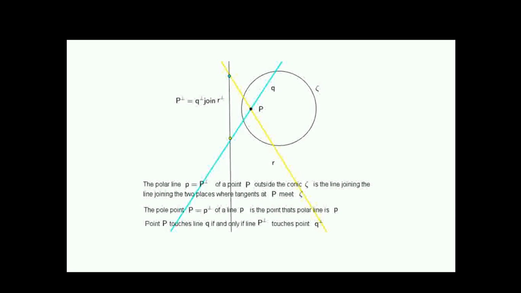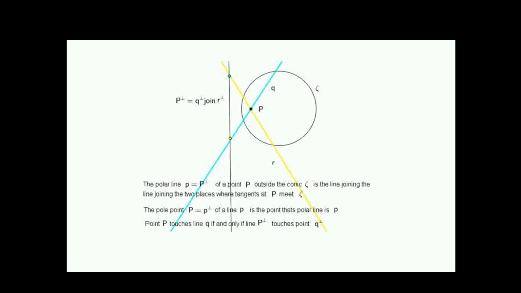So these are pretty important ideas, although I should just mention that there is a method which you can probably derive from all this if you thought about it for long enough, a way of working out what the polar of a point is without having to meet the tangents of the circle.